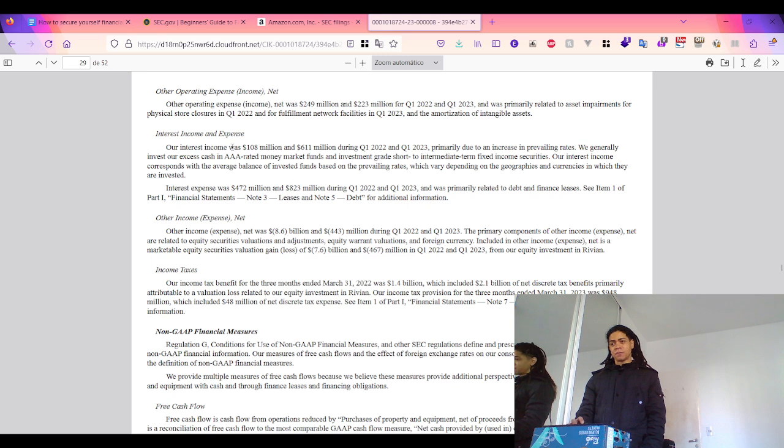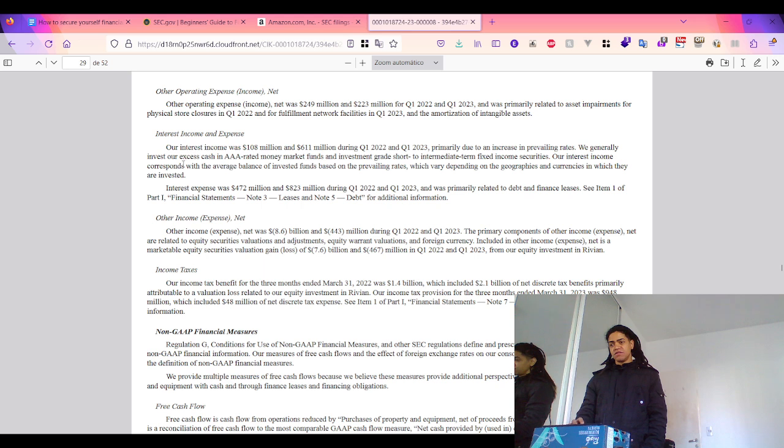Interesting. Interest income was 108 million and 611 million during quarter one 2022 and quarter one 2023, primarily due to an increase in prevailing rates.